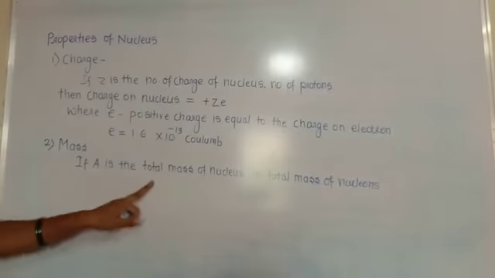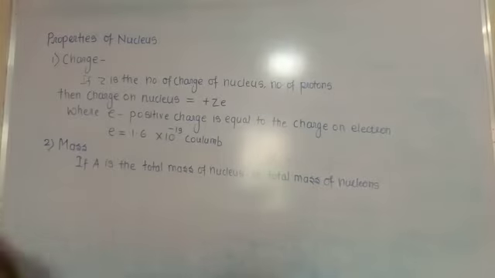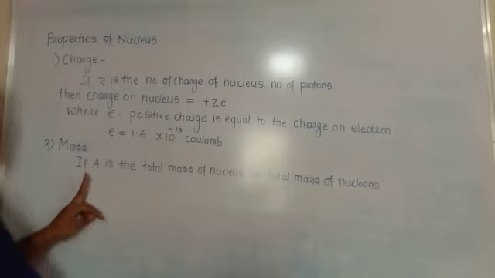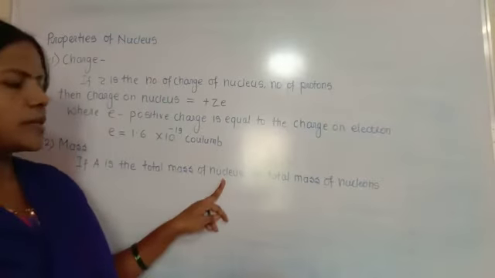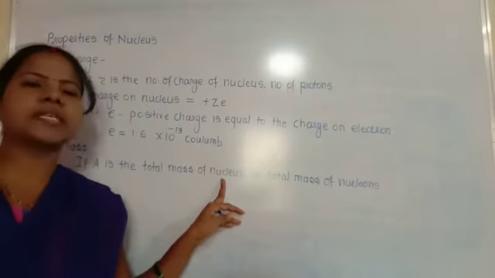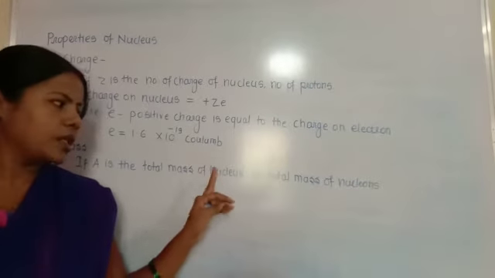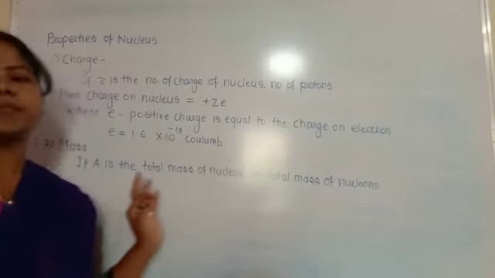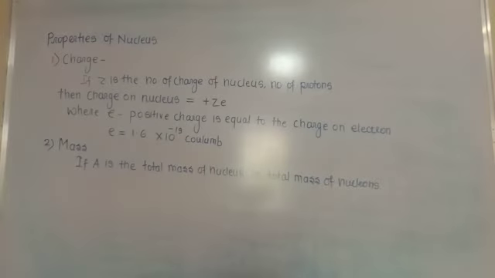This A is the total mass of nucleus, that is the total mass of nucleons in the nucleus, and that is Z protons and A minus Z neutrons. If Z protons are involved in the nucleus, then A minus Z is the number of neutrons.